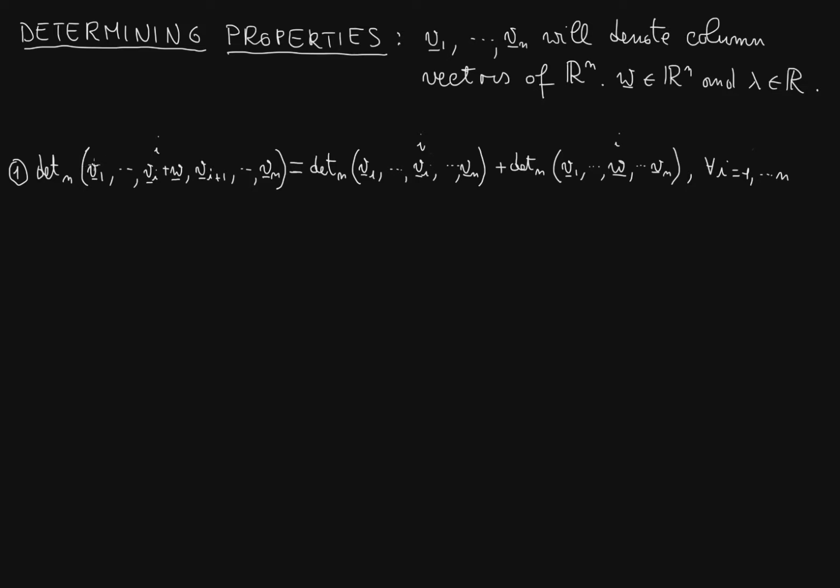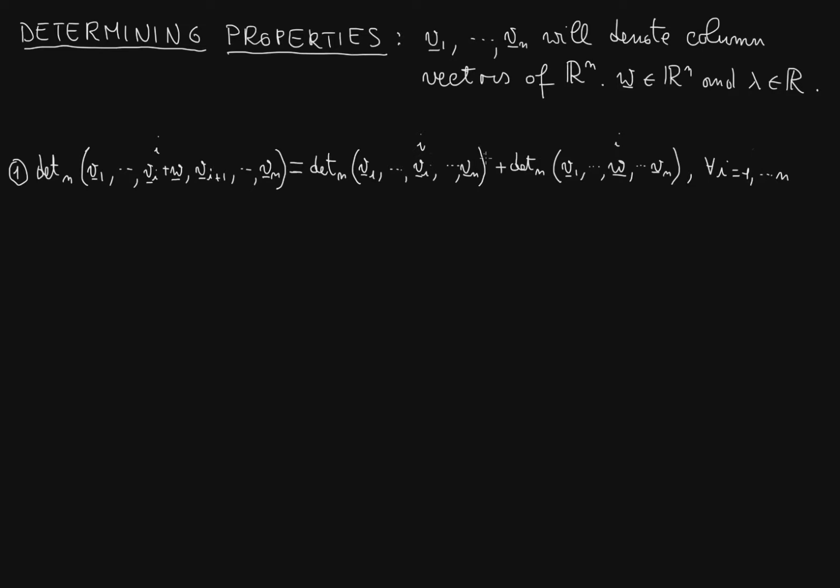The element to which we apply the determinant is the n-tuple of column vectors given by V1, V2, and so on until the ith column vector, which by assumption we write as a sum of two vectors, namely vector Vi and vector W. So the ith column vector will be Vi plus W. And then we resume with the usual notation of V(i+1) through Vn for the remaining arguments of the determinant.